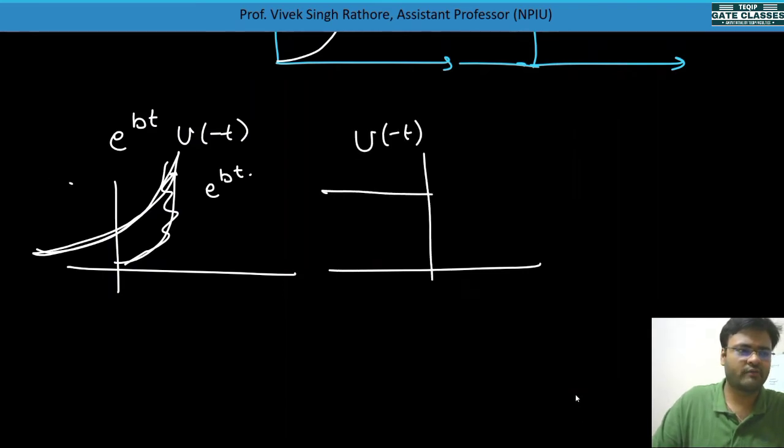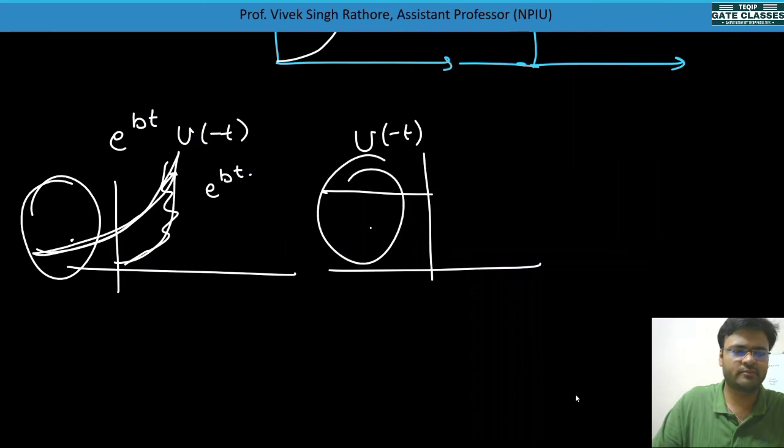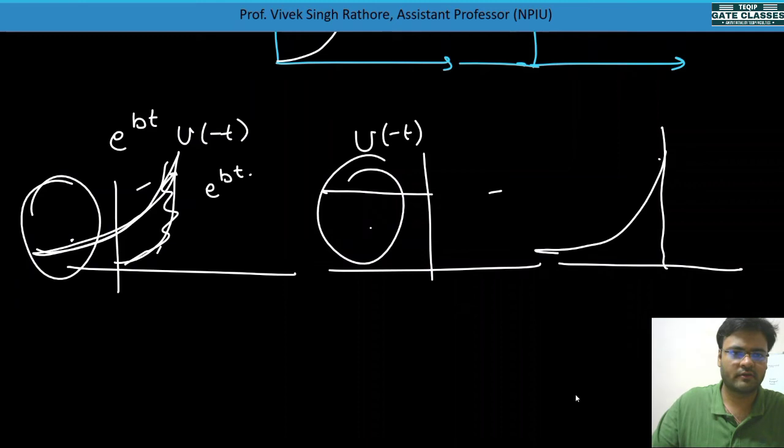So whatever is in this portion, multiplied by this portion, only that will remain. This portion multiplied by 0 will come 0 only. So it will be like this only, and if it were u(t) also, it would go on increasing. So this is your e^(bt) u(-t).